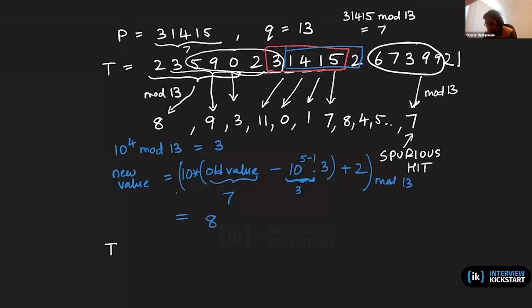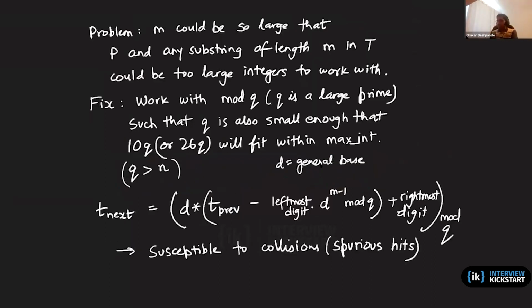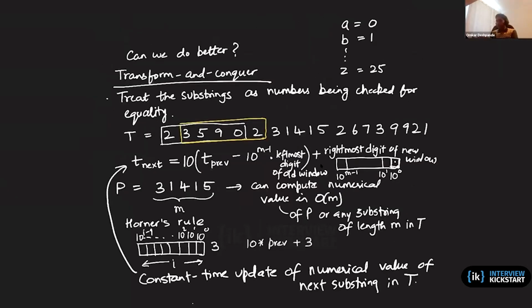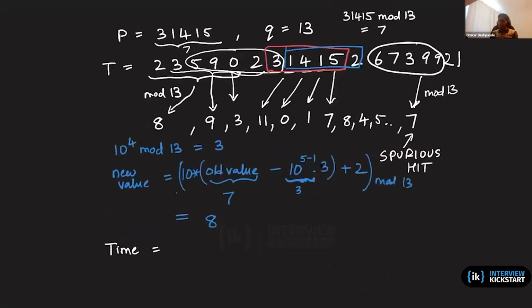So the total time is going to be the time needed to pre-compute. What does the algorithm look like? First, we pre-compute the numerical value of the pattern, the numerical value of the leftmost substring of t, and the numerical value of d to the power m minus 1. So these are three of the values we have to pre-compute, which can be done in order m time.